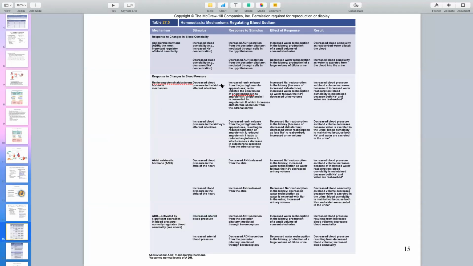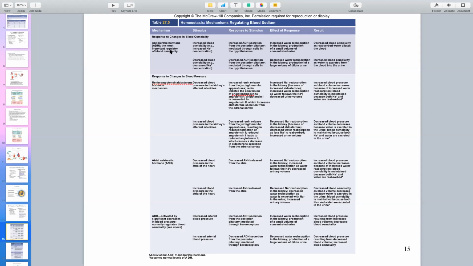So here's all the different things about what ADH does, right? How does it get stimulated? What is its response? What is the result? Right? So don't be overwhelmed by this. It looks like a lot, right? But we've talked about it. What happens with ADH? How does it get activated?